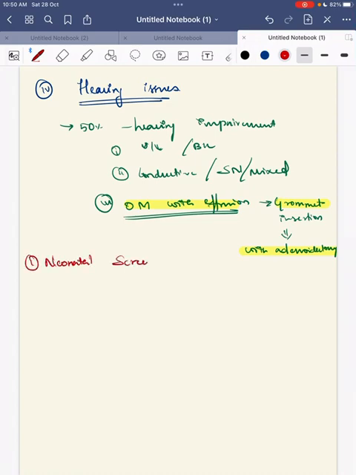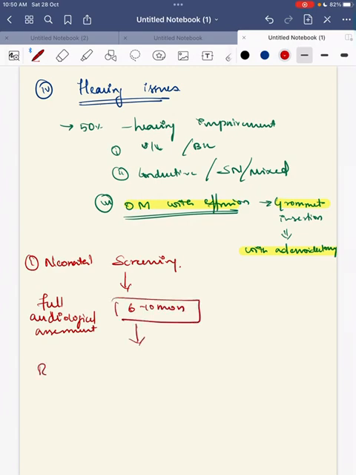Next, first you will do a neonatal screening. All the newborns admitted in the NICU, you will do a hearing assessment. Next will be the full audiological assessment, which is done between 6 to 10 months. Next is the review. The full audiological review is done at 18 months of age.